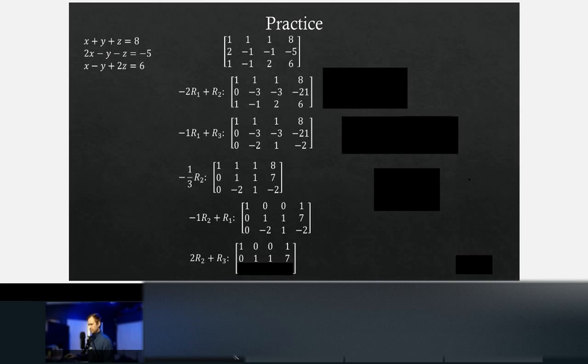So we're going to have 2 times 0 is 0. 0 plus 0 is still 0. I agree with that. 2 times 1, use my pointer. So 2 times 1 is 2, and then 2 plus negative 2 is 0. All right, so we are all in agreement of the first 2 elements in row 3.